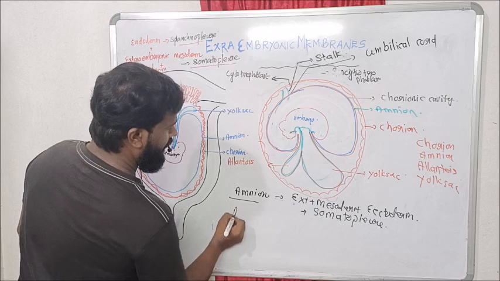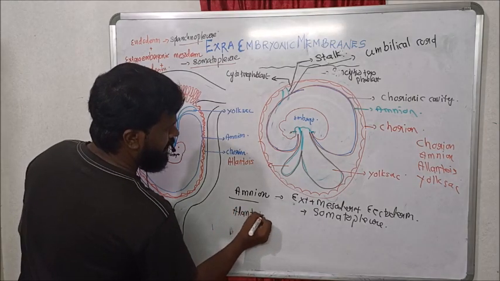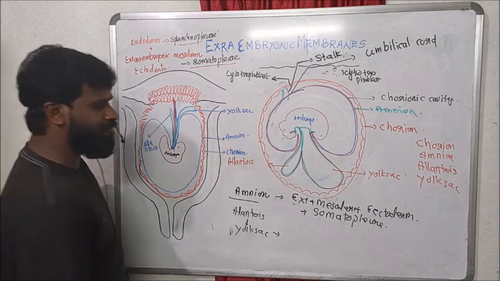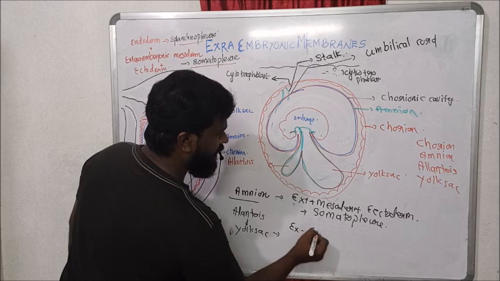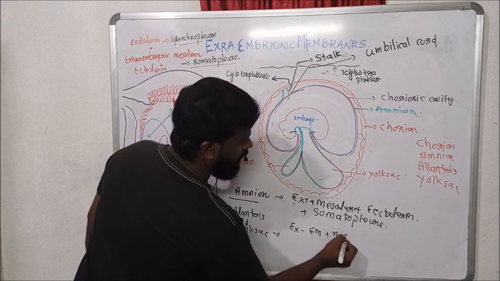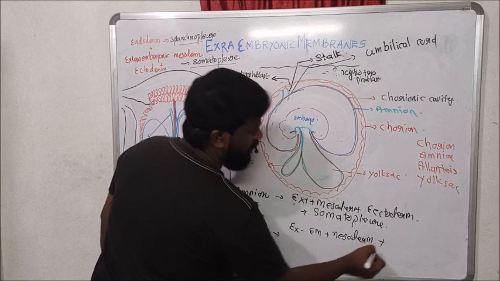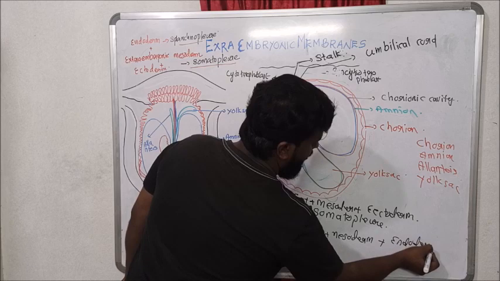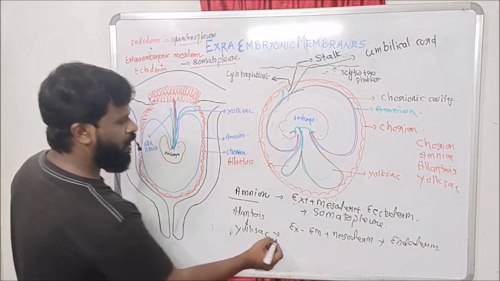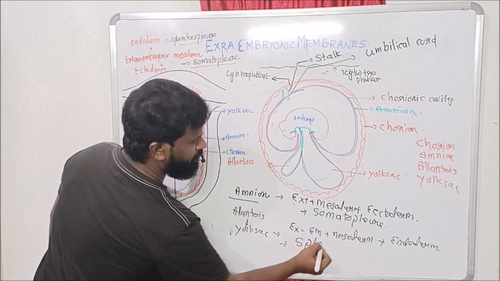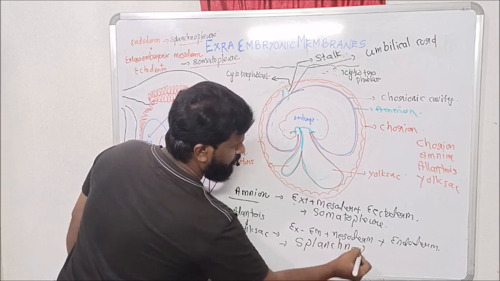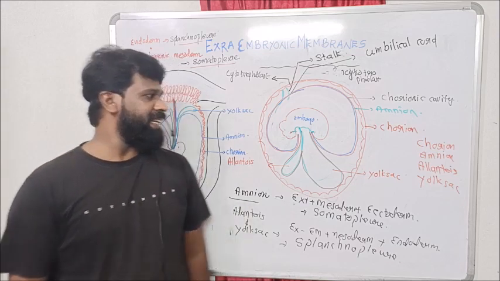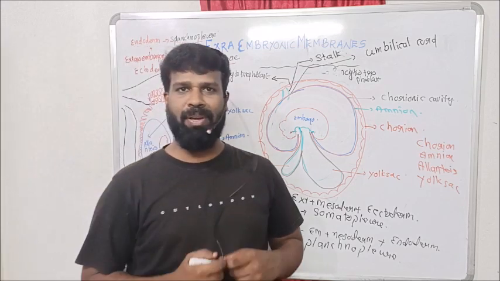Then the allantois and yolk sac are formed of extraembryonic mesoderm with the endoderm, called splanchnopleure. Okay. See here, these are the extraembryonic membranes and their formation in humans.